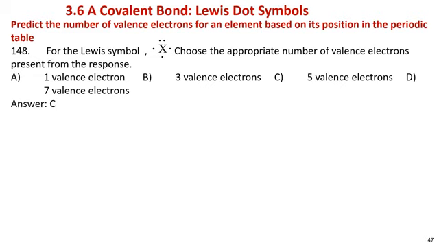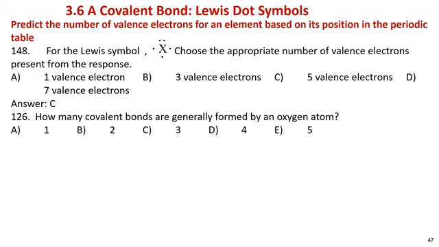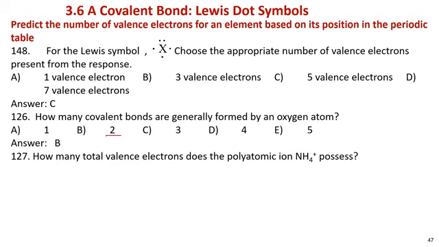Alright? How many covalent bonds are generally formed between oxygen atoms? Oxygen makes 2 bonds, carbon makes 4 bonds, nitrogen makes 3 bonds, fluorine makes 1 bond, hydrogen makes 1 bond. Oxygen makes 2 bonds. B is the correct answer.